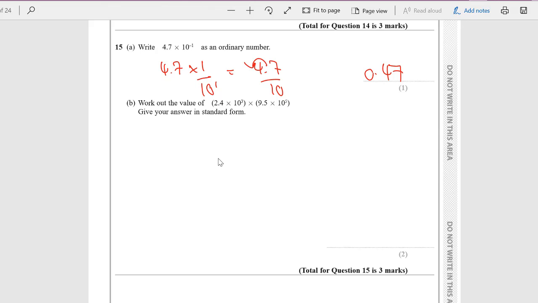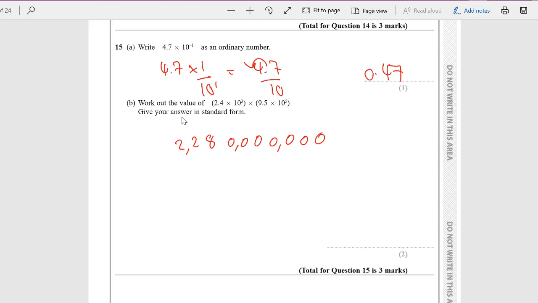So you can essentially put this into the calculator, and if you do so, you will get the answer as follows. 228, and then it will be followed by 7 zeros. So 1, 2, 3, 4, 5, 6, 7. So that's 2,280,000,000.